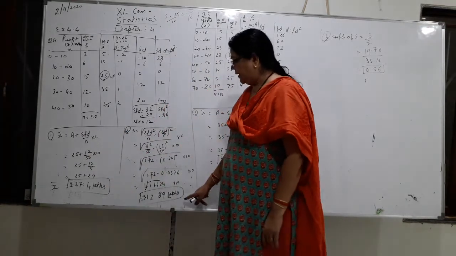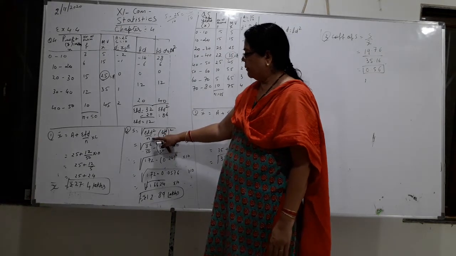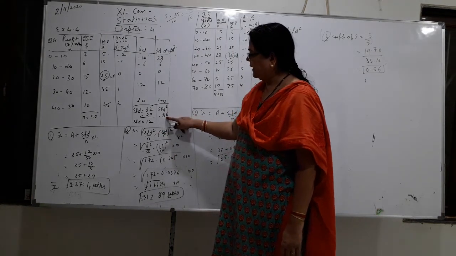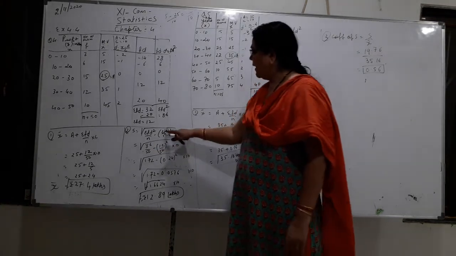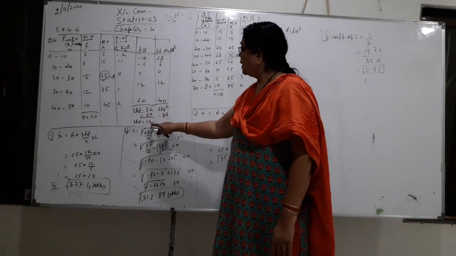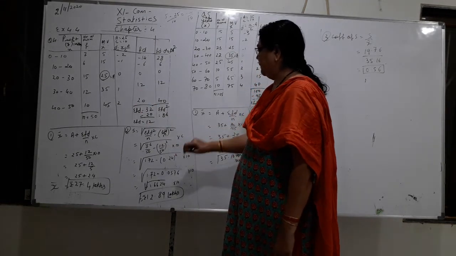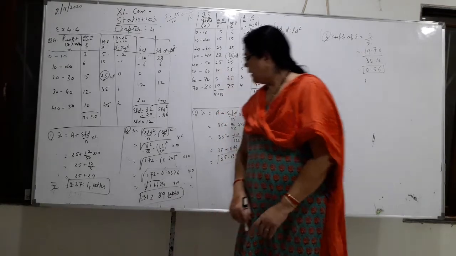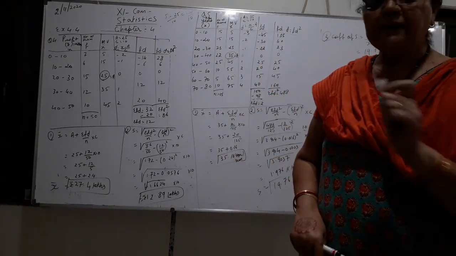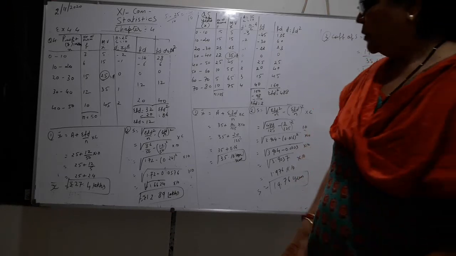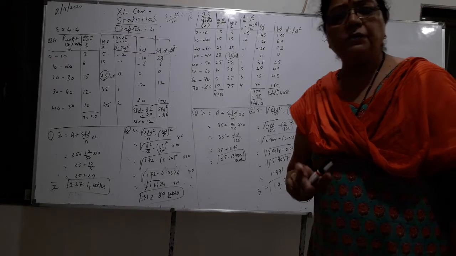Also in standard deviation you have to write the units. Sigma FD square upon N, the FD square we have found out 86 upon 50 minus sigma FD upon N, so 12 upon 50 whole square, multiplied by 10. And when you simplify, you will get rupees 12.89 lakhs. Okay. So only formula you should know.